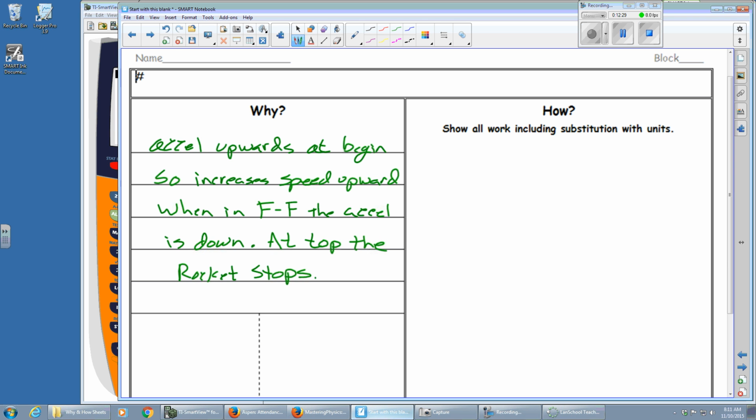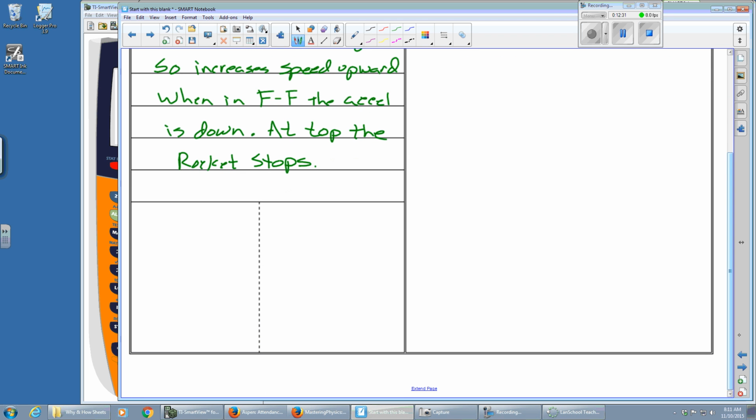The other thing I might also include in there: when is it going to be moving the fastest? When is it going to have the highest speed? When during that portion? Well, we have 5 seconds then. At the beginning of that, in the middle somewhere, at the end of it, where in there do you think? At the end of the 5 seconds, yeah, I agree.